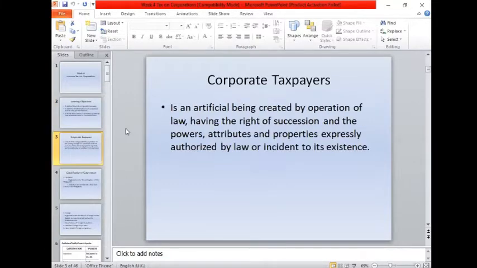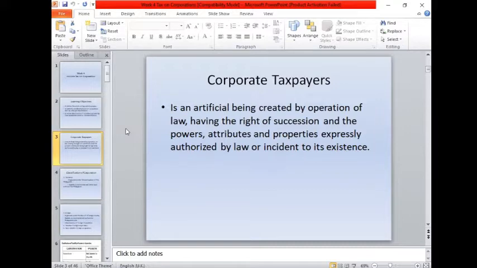Okay, so the definition of a corporation is an artificial being created by operation of law, having the right of succession and the powers, attributes, and even properties expressly authorized by law or incident to its existence.